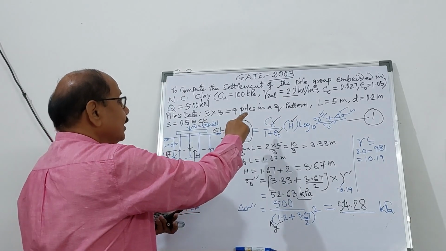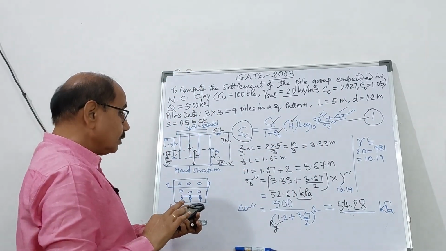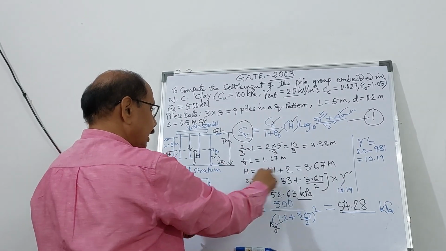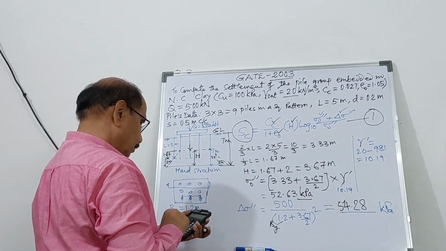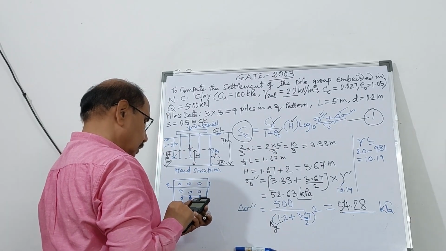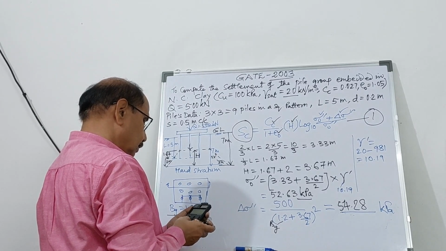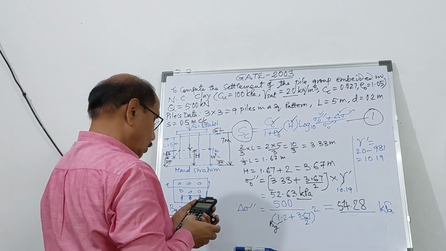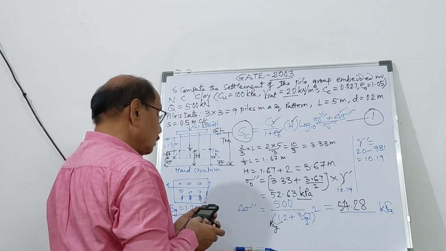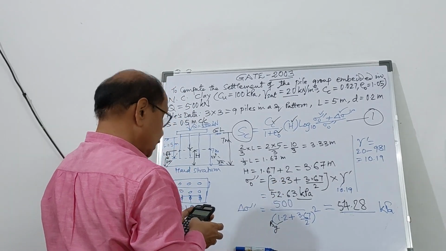So CC is given, 0.027, multiplied by H. So H is 3.67, multiplied by log of sigma naught prime plus delta sigma prime.